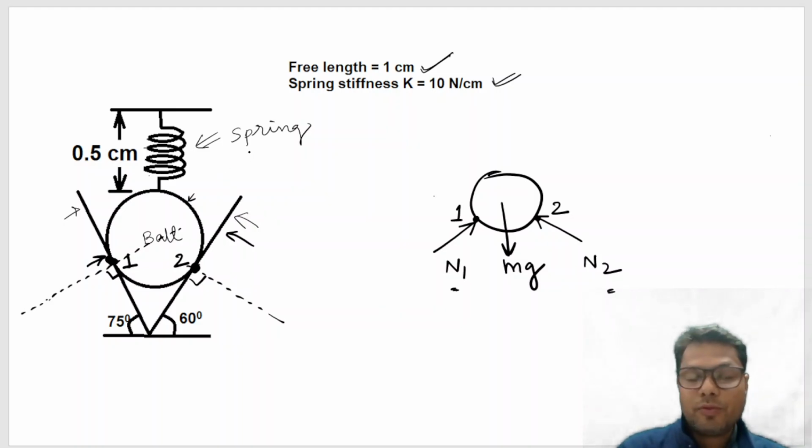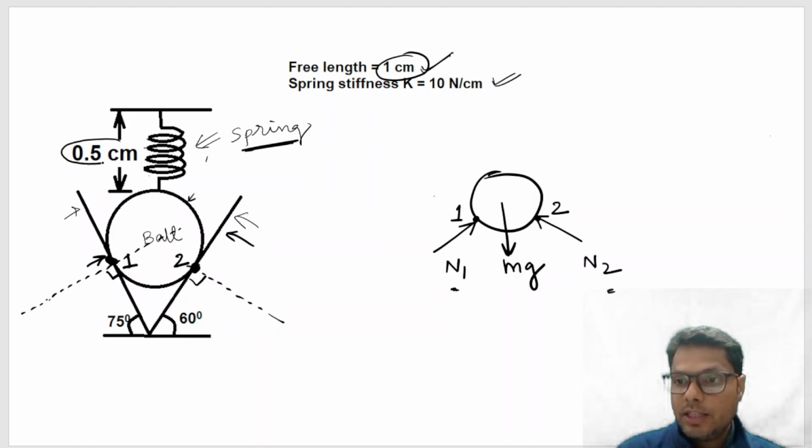Okay, these are normal reactions. Fourth step is the force by spring, string, or rod. So here the spring is connected with the body, so we have to apply the spring force. But the spring force may be of push nature, may be of pull nature. That will depend on whether the spring is compressed or extended. So look, here the free length of the spring is 1 centimeter, and the real length is 0.5 centimeter.